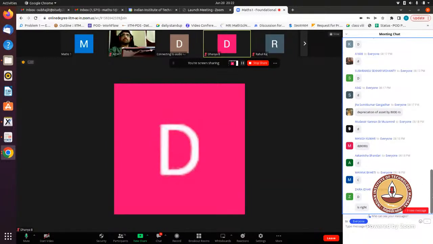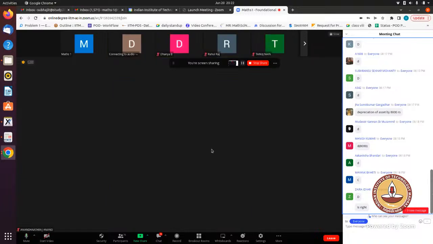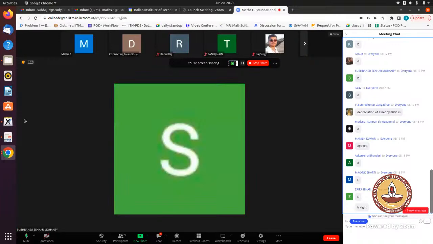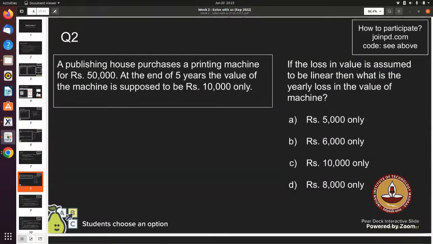Okay, Subramshu Shekhar Mohanty, can you explain why you have given D? Sir, the question says what is the yearly loss in the value of the machine? When we purchase, its value is 50,000. But after 5 years, it decreased to 10,000 only.